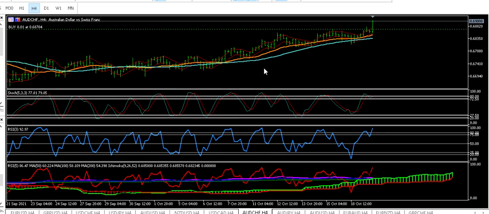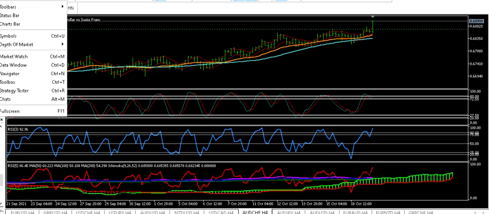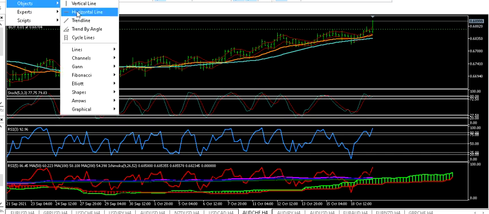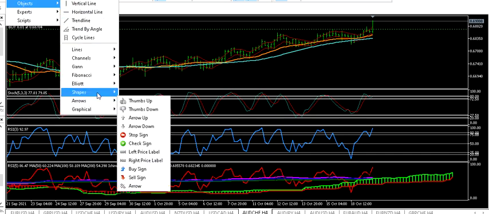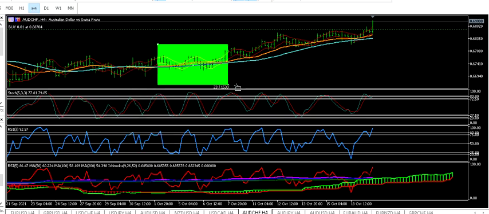I have some indicators and about 4 windows. This is the main window.